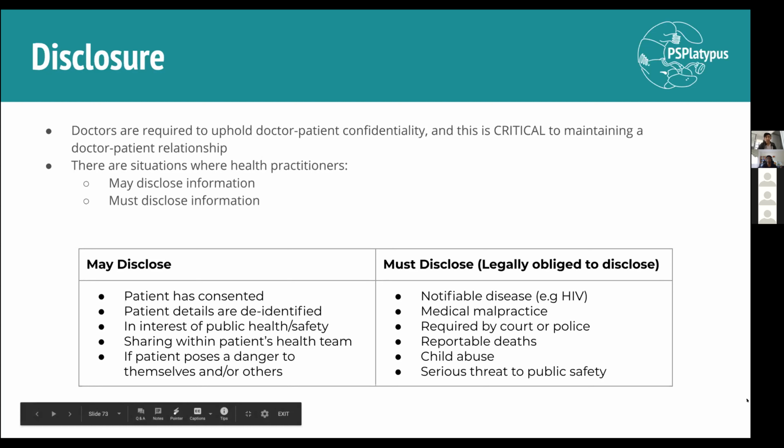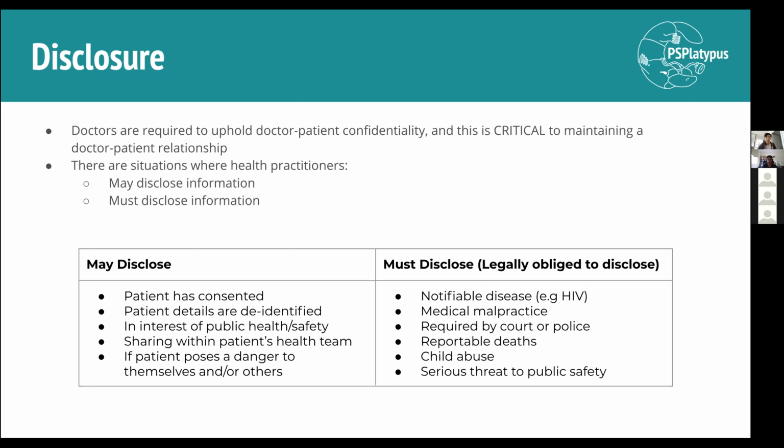Cases where a patient's information can be disclosed are when the patient has consented to it, such as if the patient says, I'm okay with you using this information to do X, Y, Z. If the patient's details are de-identified, so if you look up a lot of journals, you'll see patient X who had Y, that patient has been de-identified to the point that if some other person who may know the person in this journal, they won't be able to actually identify them.